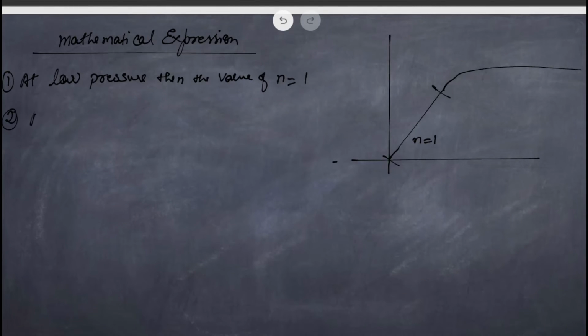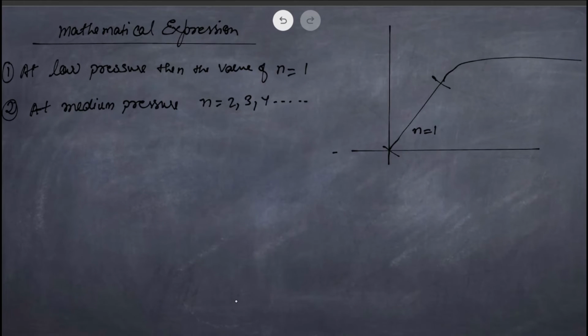At medium pressure, n will be 2, 3, 4, or might be anything. From here to here, this is moderate pressure.